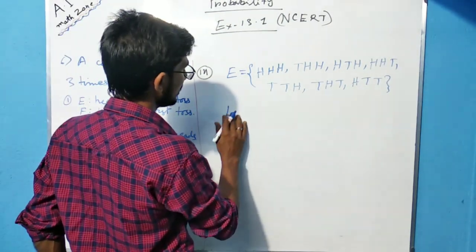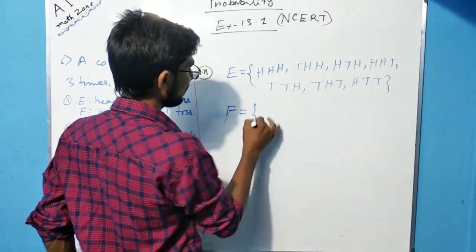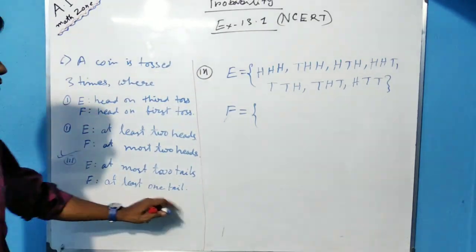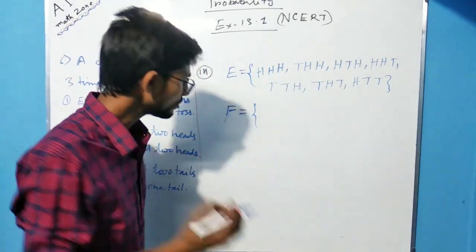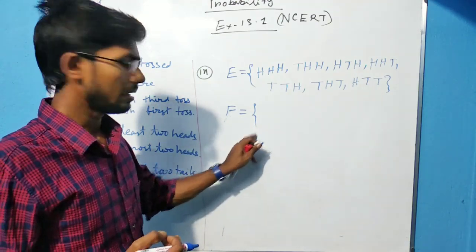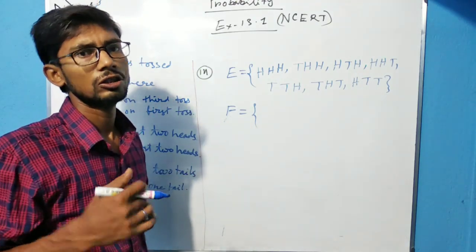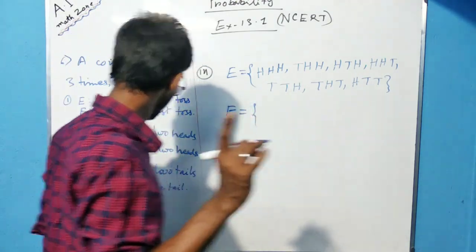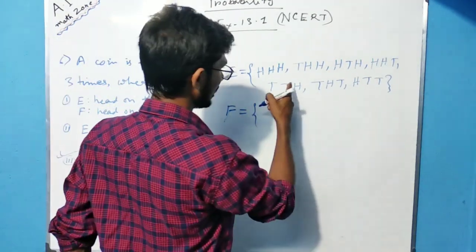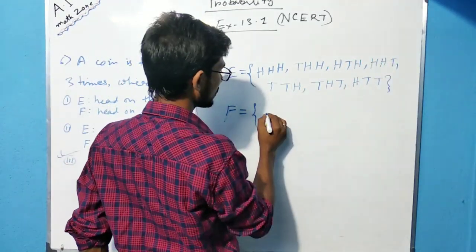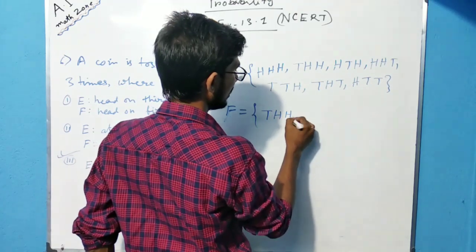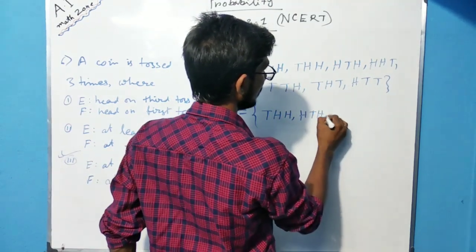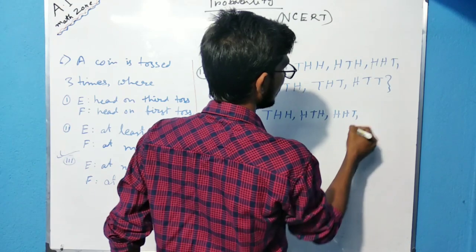Similarly, you can write F is equal to, see here, at least 1 tail. That means the number of tails may be 1, 2, or 3. When there is 1 tail, these are the elements: tail, head, head; head, tail, head; head, head, tail.